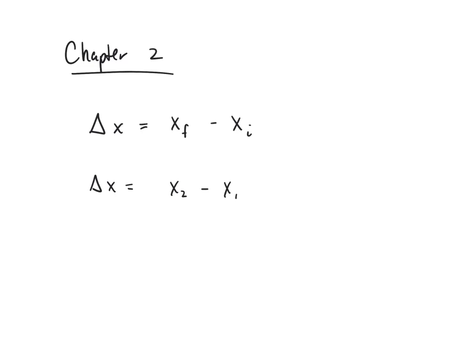So although it's not going to be used as xf and xi, that's how we think of x2 and x1. So again, this is an object's displacement, and we can think of displacement as a change in position. Position is an object's location at a given time, where displacement is the change in that position.